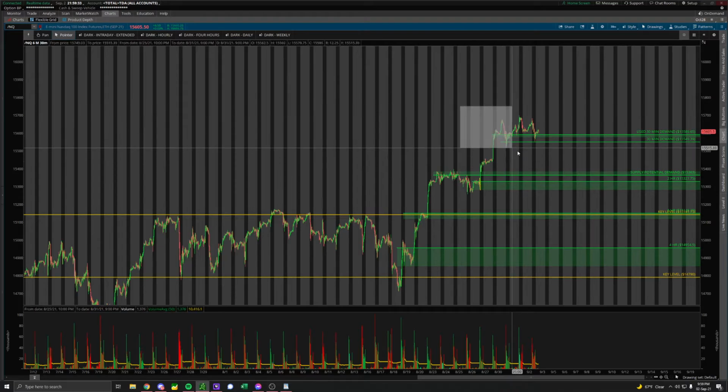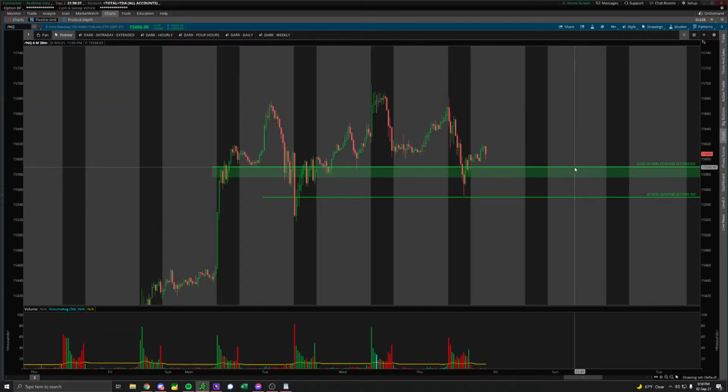It doesn't mean that it won't. A strong demand zone will get used over and over and over. But I factor that in, and either I size less on that trade, or I really wait for price confirmation. Either way, I'm a little bit more wary about taking calls in a used demand zone.